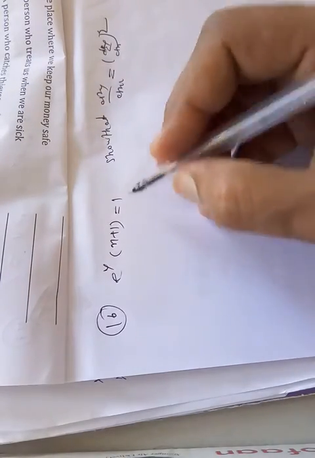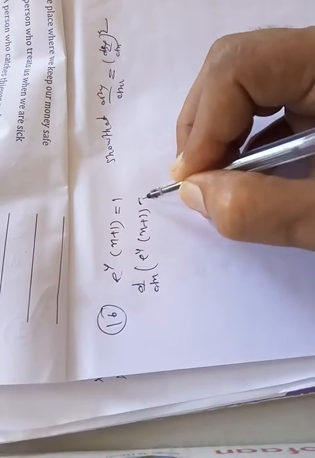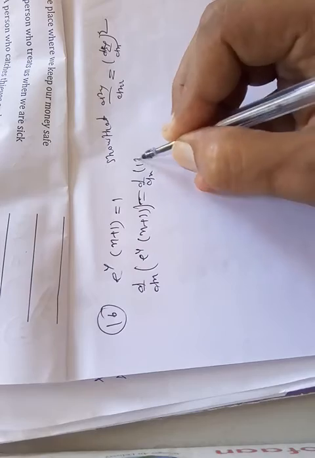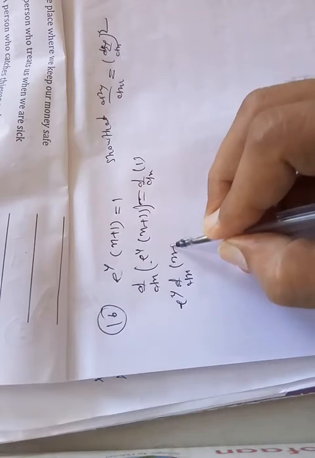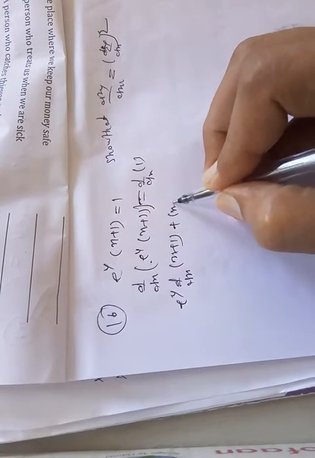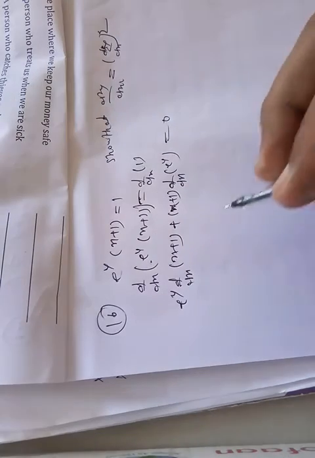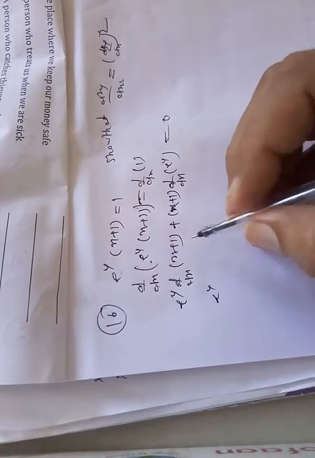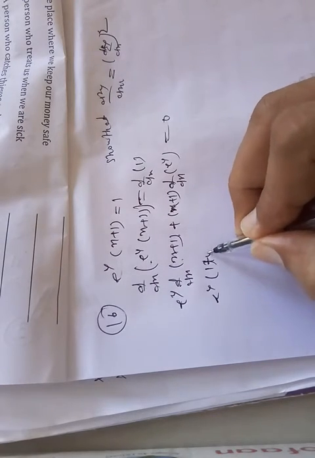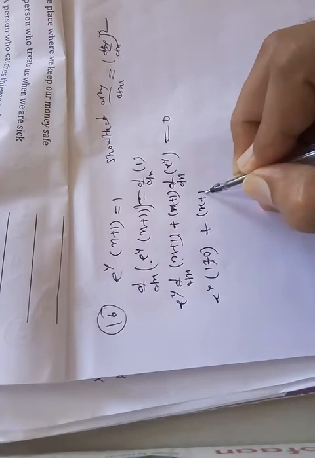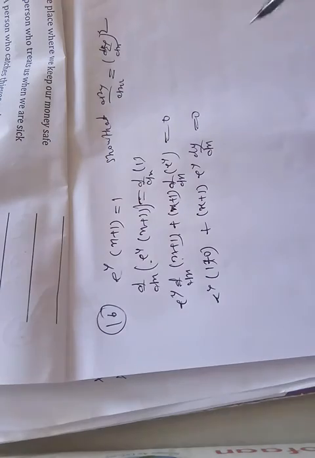So find: using the product rule, d/dx of e^y (x+1) equals d/dx of 1, and 1 is a constant. By the product rule: e^y d/dx of (x+1) plus (x+1) d/dx of e^y equals 0. So e^y times 1, plus (x+1) e^y dy/dx equals 0. Find dy/dx.